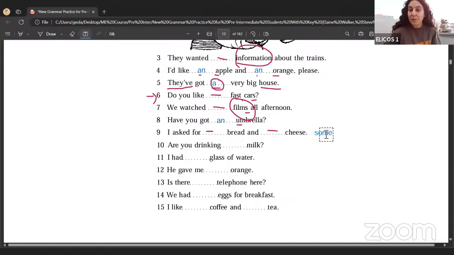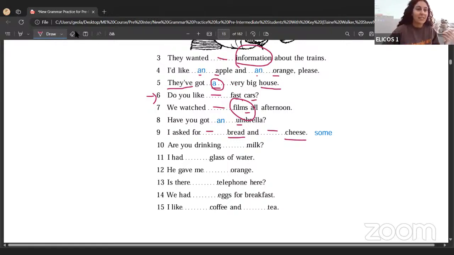So just remember, we can say the word some. We don't know how much, we just want some. But yes, we know we don't put an article because these are uncountable nouns. If you do want a specific amount, you have to say it. I asked for 3 loaves of bread and 2 kilos of cheese. So if you do want something specific, put the measurement. If not, just say I asked for bread and cheese, or I asked for some bread and cheese.